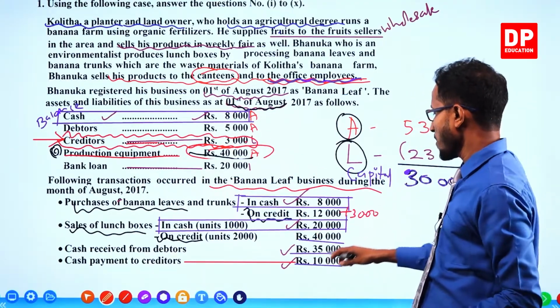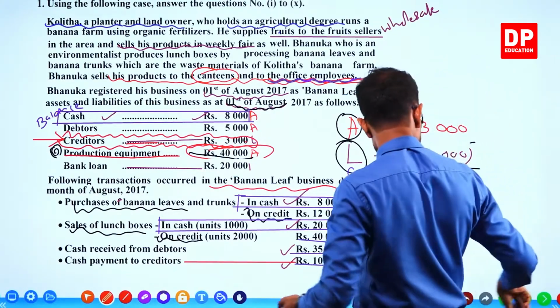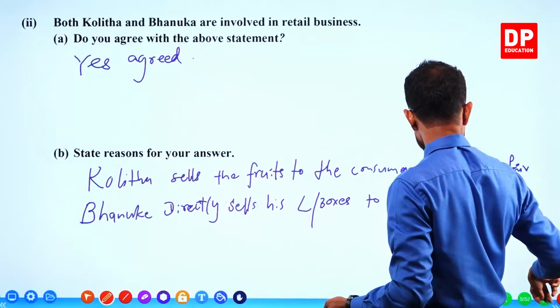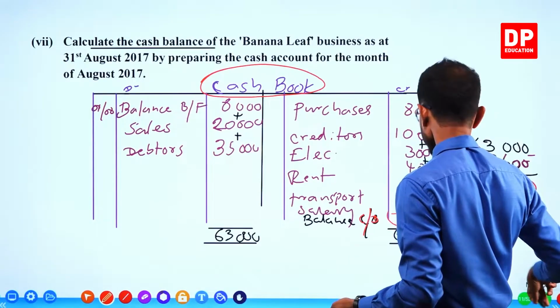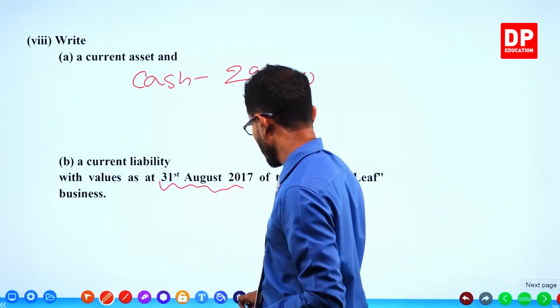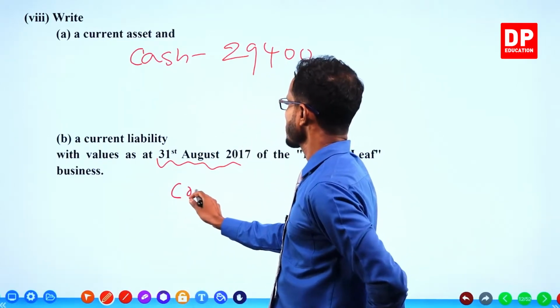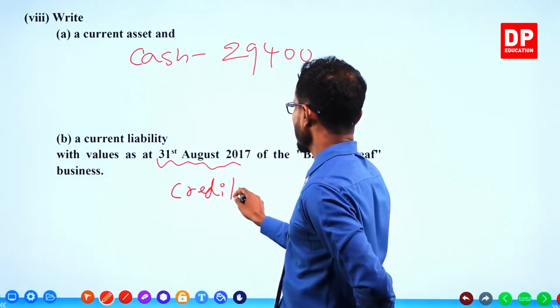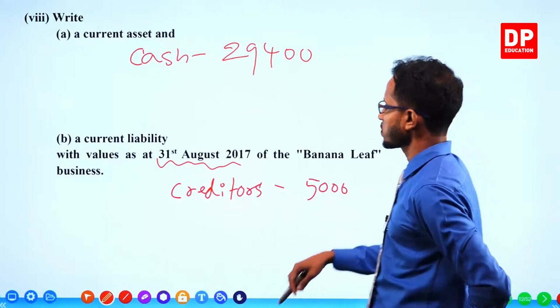Out of 15,000 we have paid them 10. That means remaining 5. That is the current liability which we took. Creditors. 5,000 is the balance.